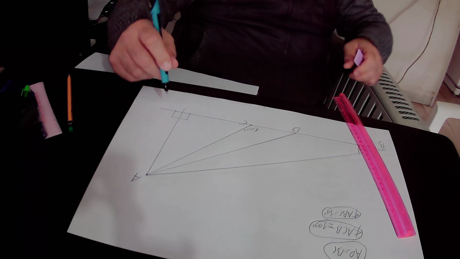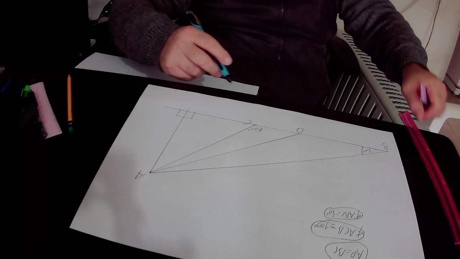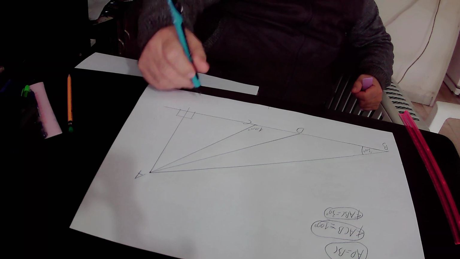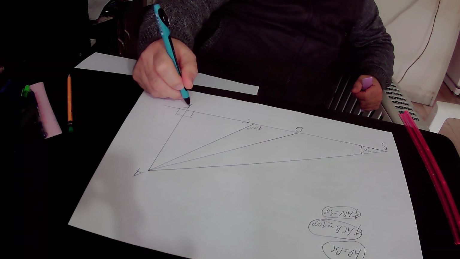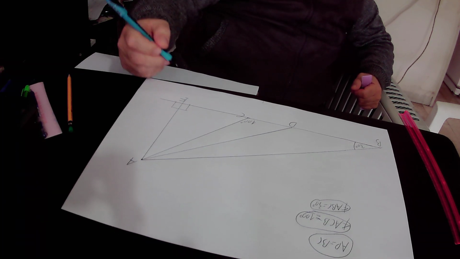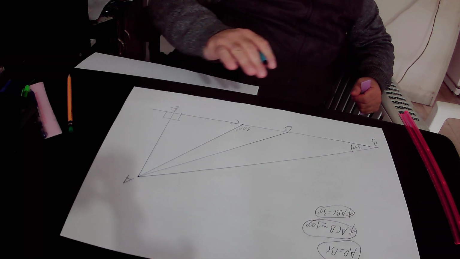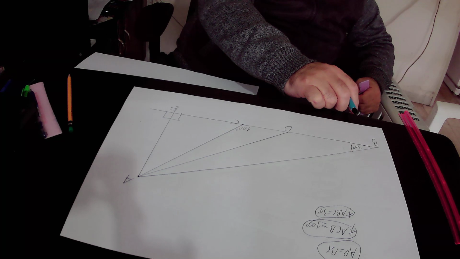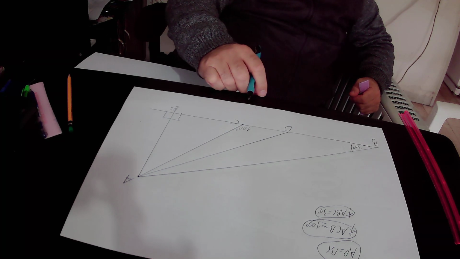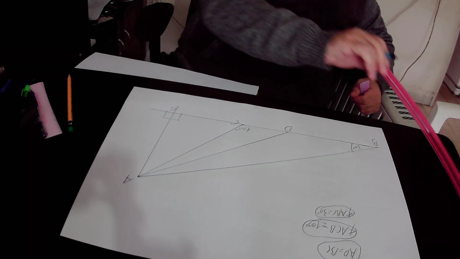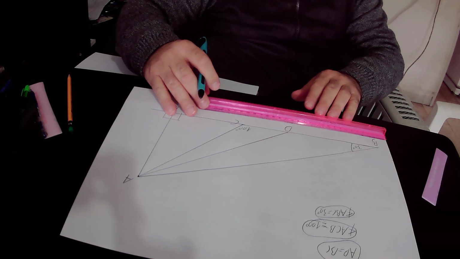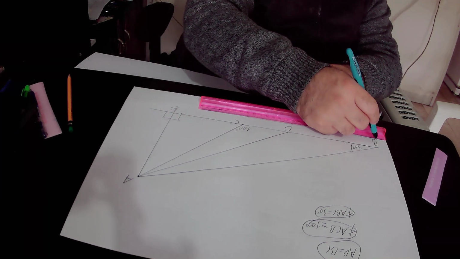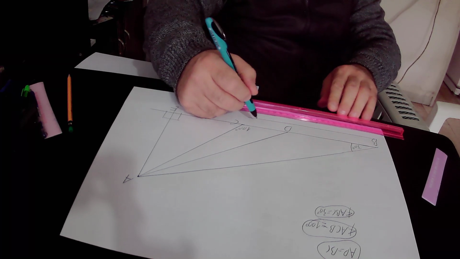We will define the intersection point between the extended BC and the perpendicular from point A as point E. And we will also define side BC as A. BC equals A units in length, according to our definition.